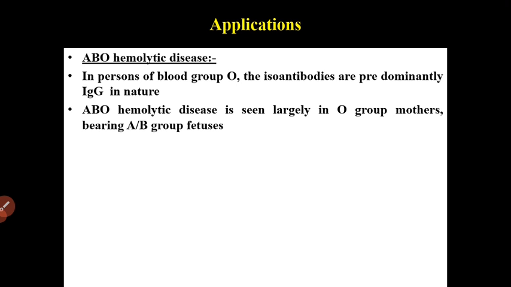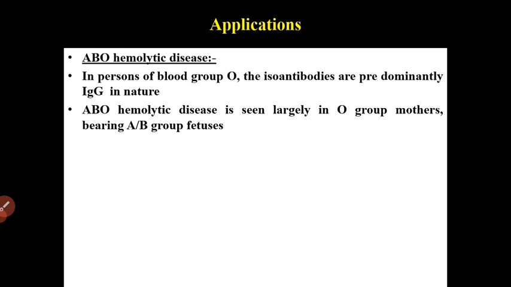Now in persons of blood group A or B, natural antibodies are IgM in nature and so do not cross the placenta to harm the fetus. Fine. However, in persons of blood group O, the isoantibodies are predominantly IgG in nature, hence ABO hemolytic disease is seen largely in O group mothers bearing A or B group fetuses. Understood?